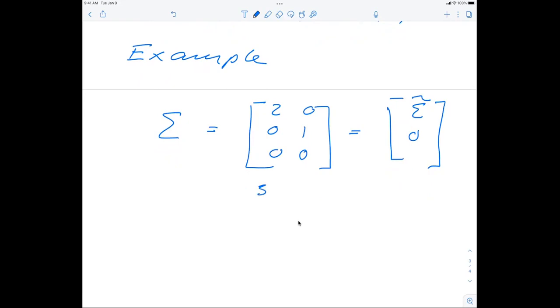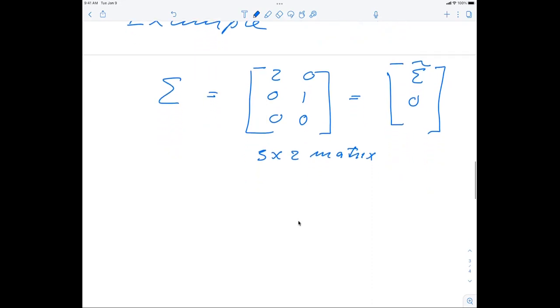This is a 3x2 matrix, and you can rewrite it in terms of a 2x2 matrix and a matrix which has just one row in this specific case. Keep in mind also that when I calculate sigma transpose sigma, this is a matrix with dimensionality p times p. Sorry, I was looking at the wrong line here.